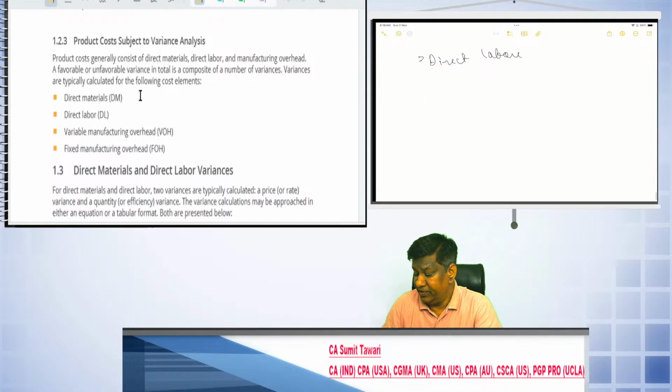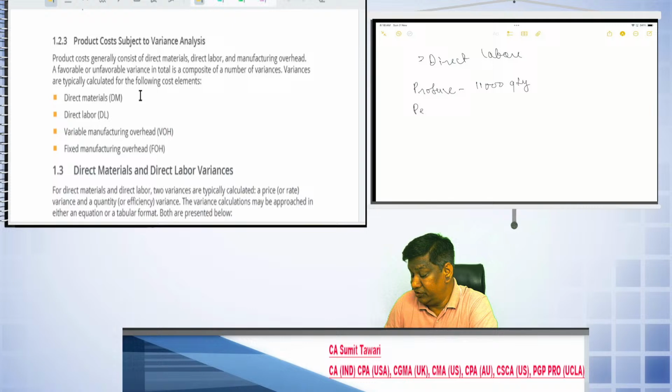So again, if I carry out the same calculation, I need to produce 1100 quantity.